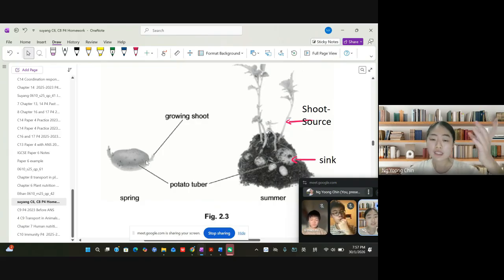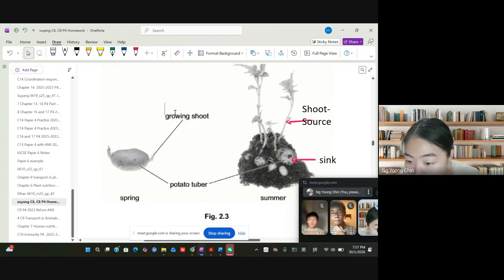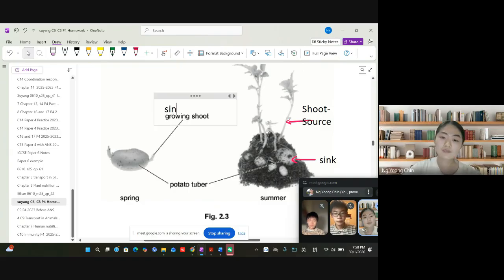Why? You can see this is a growing shoot. Can this growing shoot do photosynthesis and produce sugar? No, it's still growing. So at this point the growing shoot should be the sink because it's growing.